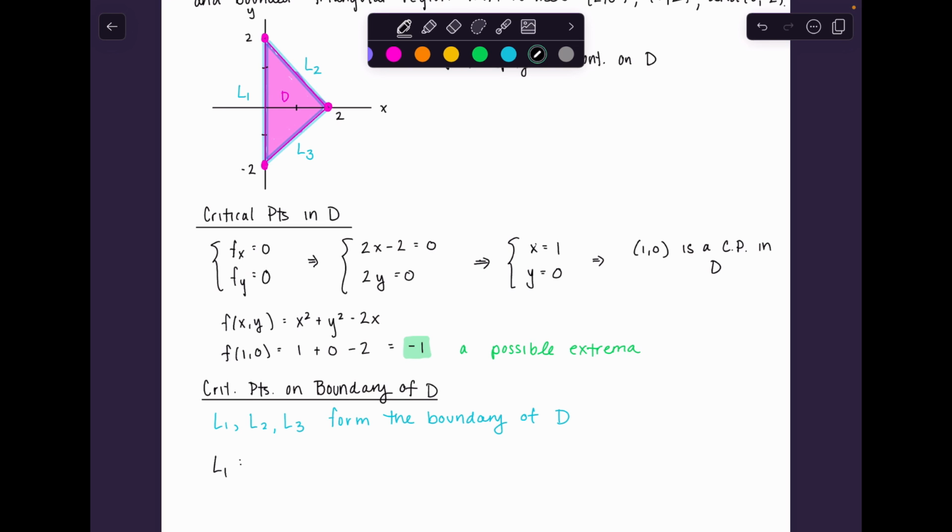Thankfully, lines are not so bad. So line 1 is just the y-axis. So this is really just x is equal to 0 here. So it's the line x equals 0, specifically between negative 2 and positive 2. So we can use the vector function.